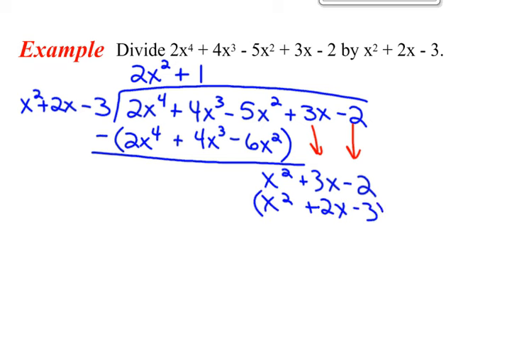And now we subtract. X squared minus x squared is 0. 3x minus 2x is just x. And negative 2 minus negative 3 is the same as negative 2 plus 3. So that's plus 1.